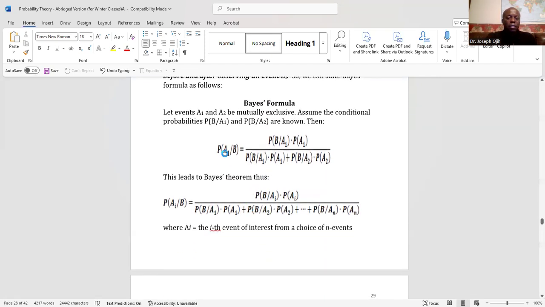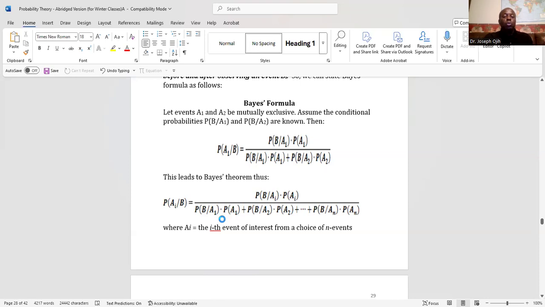The probability of event A1 happening, given that event B has occurred, is the probability of B given A1 times the probability of A1, over P of B given A1 times P of A1 plus P of B given A2 times the probability of A2, if there are 2 events involved.